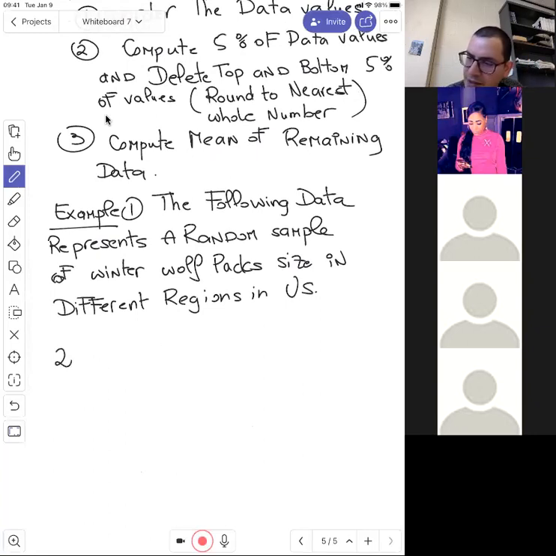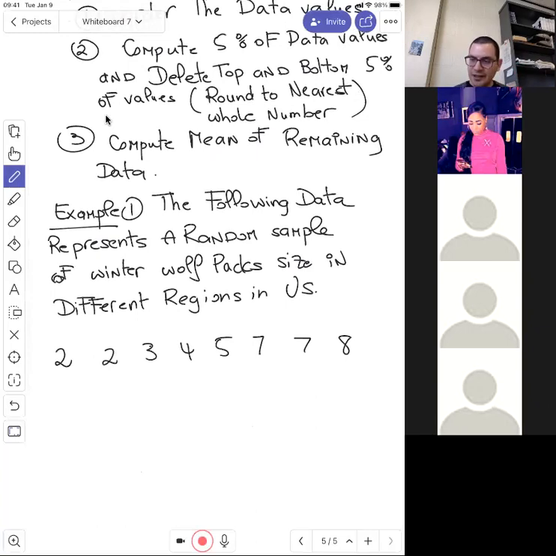We have 18 wolf packs. So we have 2, 2, 3, 4, then let's say 5, 7, 7.